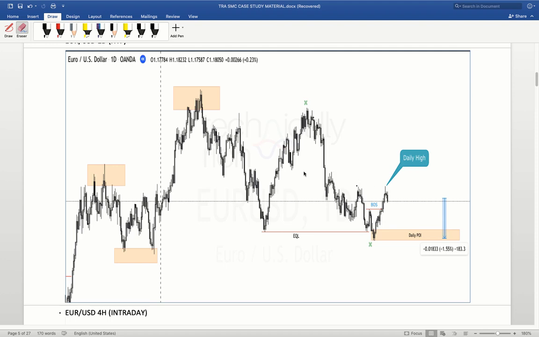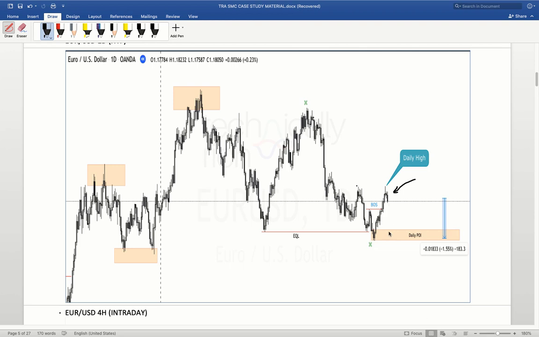But regardless, what I'm seeing here is price rejection on the daily time frame, creating a new daily high, because this was the last daily high, which made a lower high, created a lower low, and then they've now created a new daily high. So more like a break of structure here on the daily time frame.